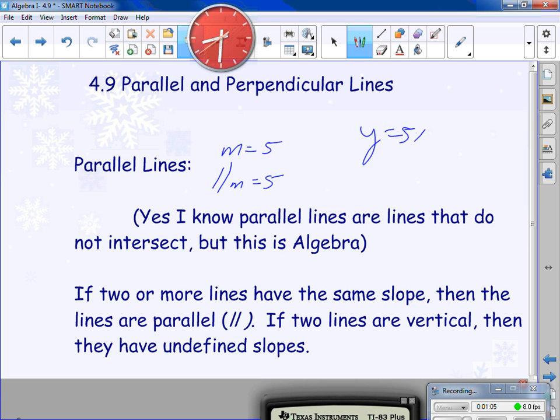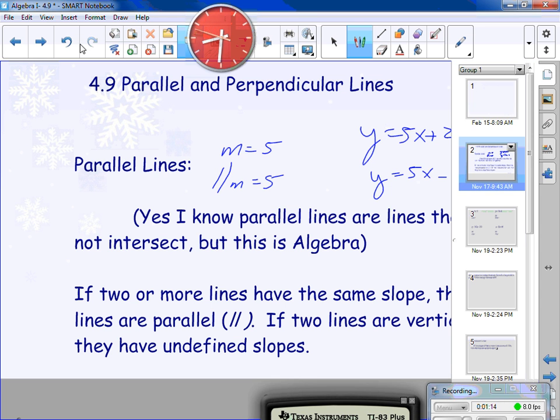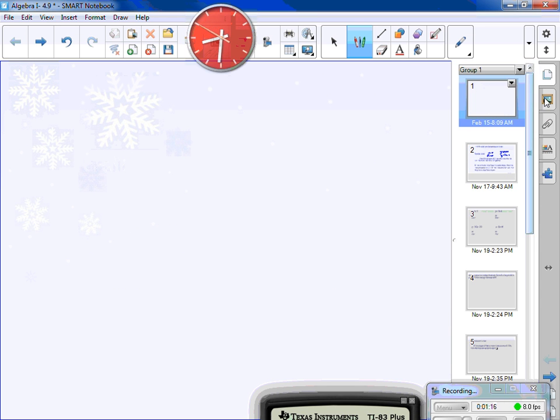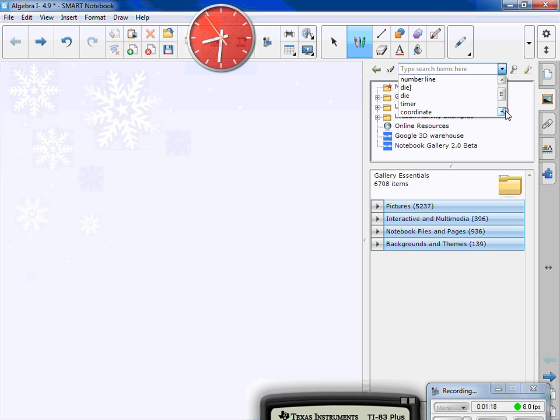So y equals 5x plus 2 and y equals 5x minus 7. Those two are parallel. I just picked numbers.